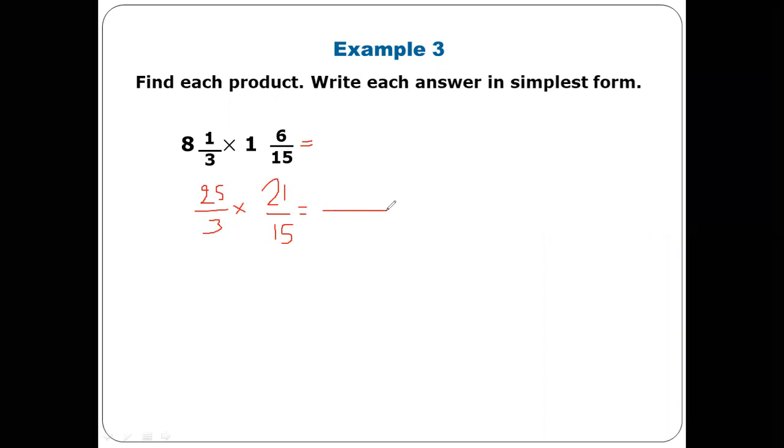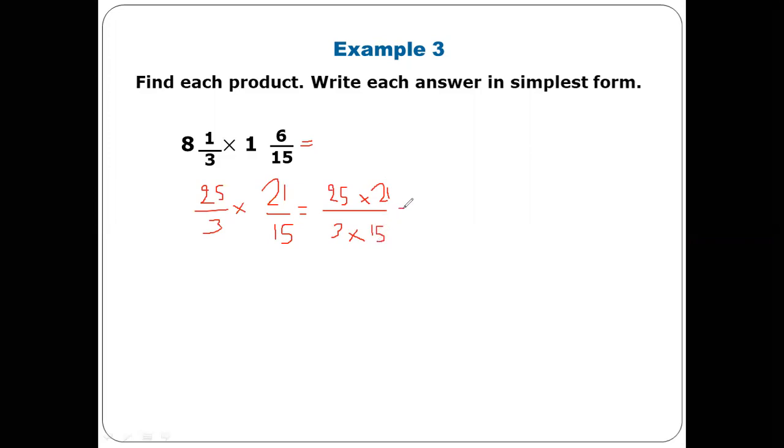We put them on the same fraction bar in order to simplify them. 25 times 21 out of 3 times 15.